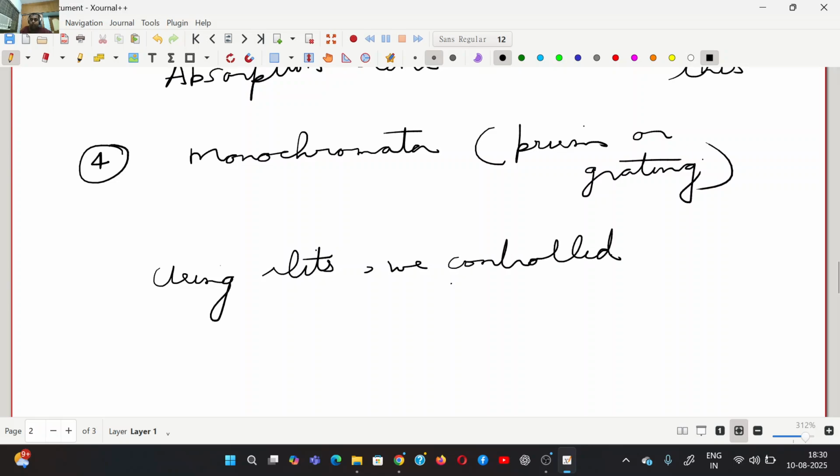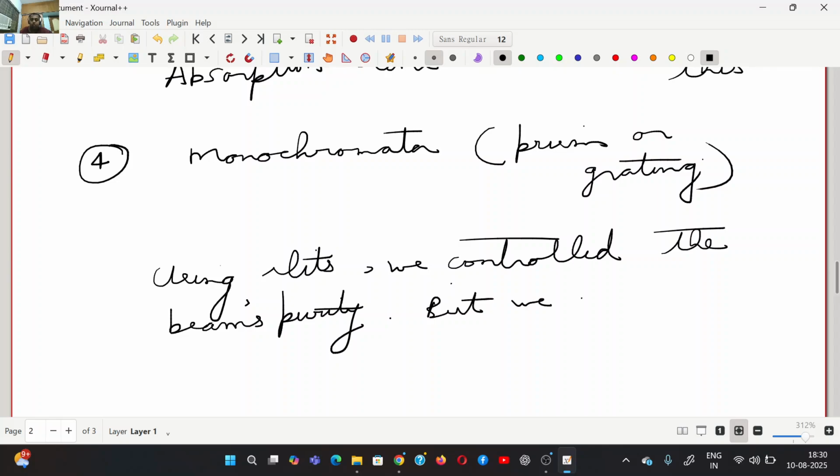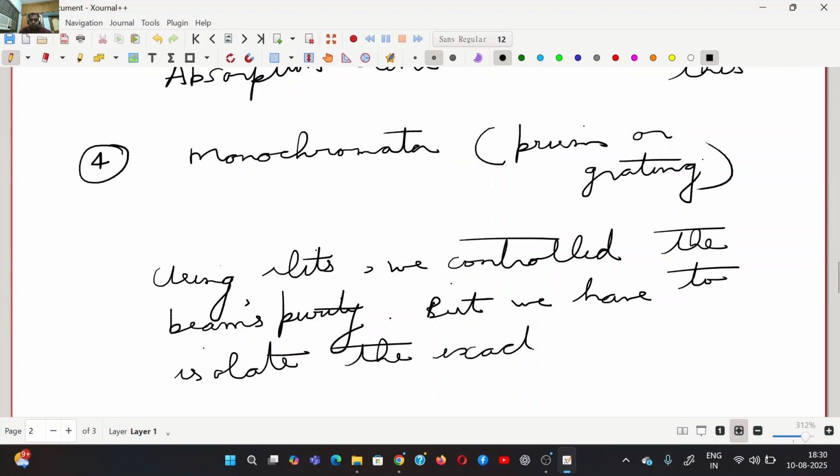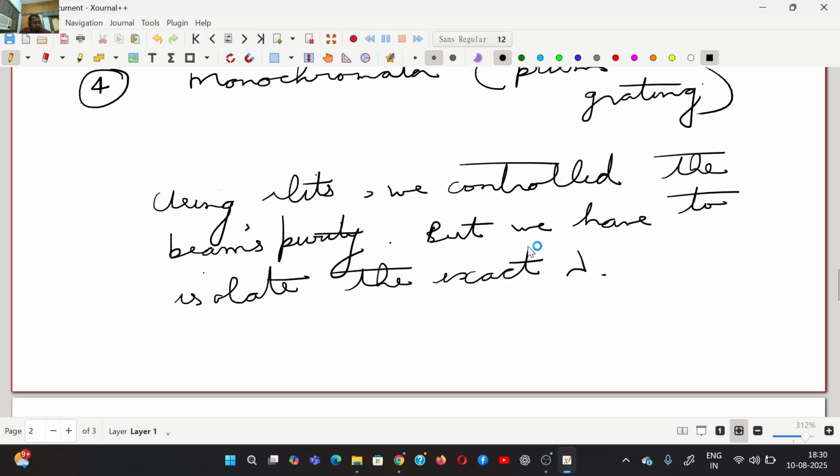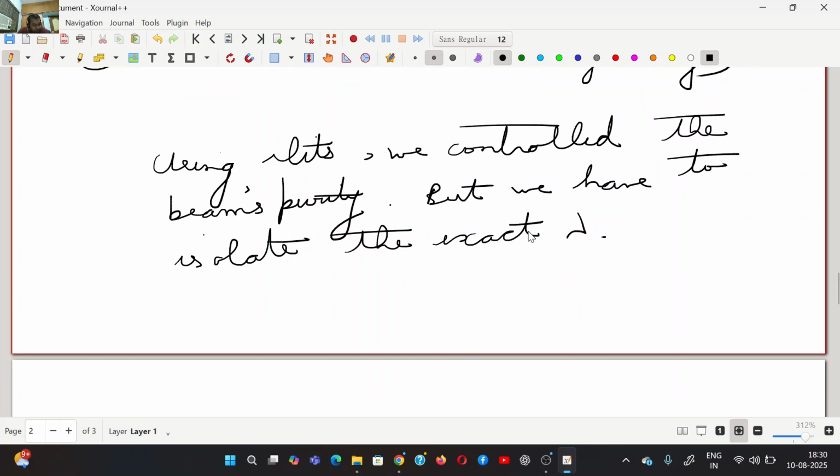In layman's terms, I can say that we control the wave's purity, but we have to isolate the exact wavelength. Now, this makes sense. So for that, this next step.